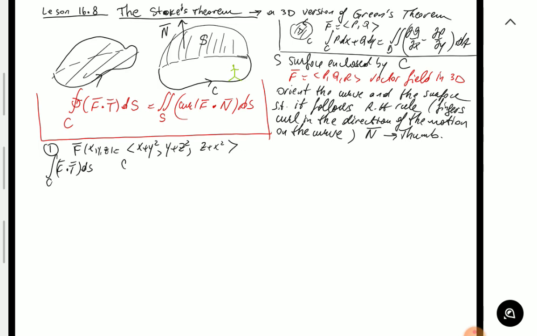So C is going to be the triangle connecting the points 0, 0, 1, 0, 1, 0, and then 1, 0, 0.